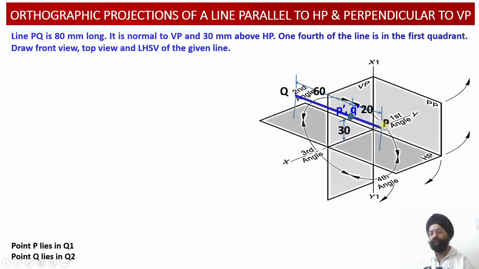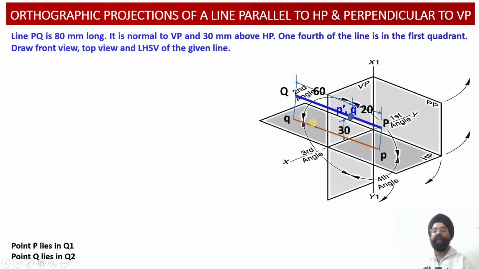And so far as the top view projections are concerned, please check. Point P in the top view will be located in the first quadrant, 20 millimeter in front of the vertical plane. Similarly, point Q will be located onto the horizontal plane, 60 millimeter behind the vertical plane in quadrant number 2.